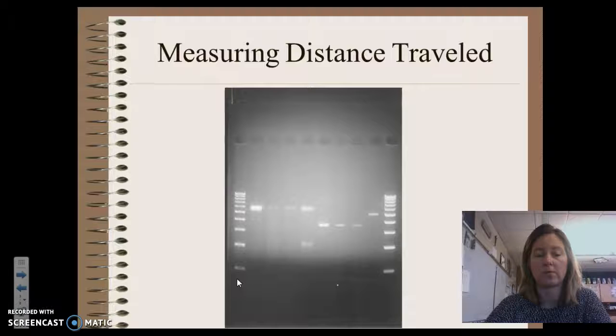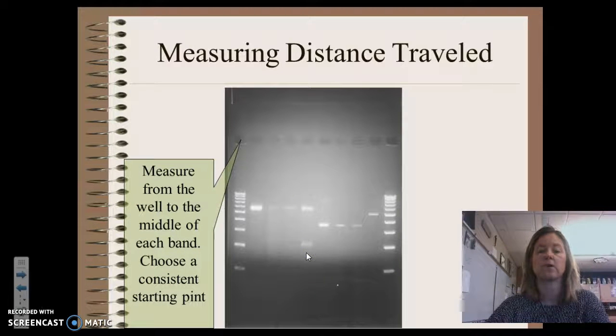This is a DNA sample that has been run, and we know that whatever the enzyme is that we are cutting that DNA fragment with will result in all of these bands, and we actually know the length of each and every single one of these bands and how long they should be, so that we can now use our known fragment lengths to estimate the size of each of the other types of fragment lengths that we have. Okay? All right, so we're going to walk through this process.